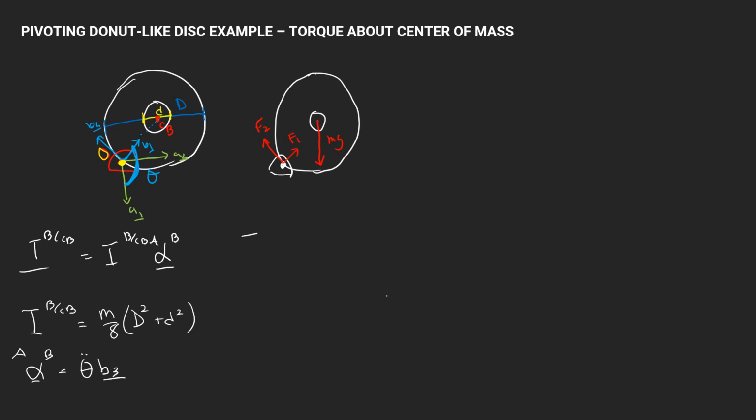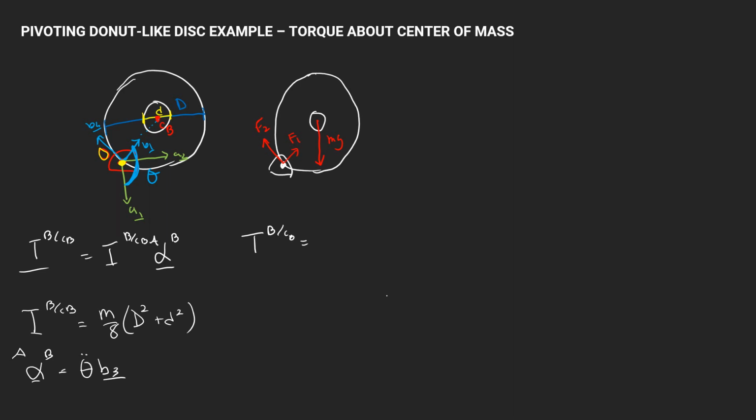So now we just need to get this torque about the center of mass. Okay, so there are three forces acting upon this body. One is acting right at the center of mass, and two are acting at point O. To be very thorough, you can write out all of these forces.